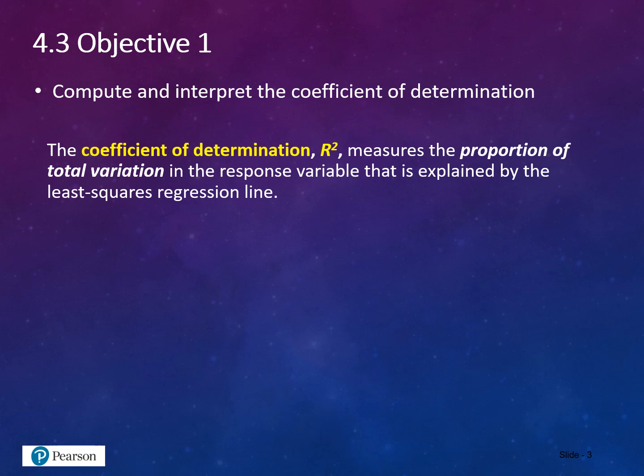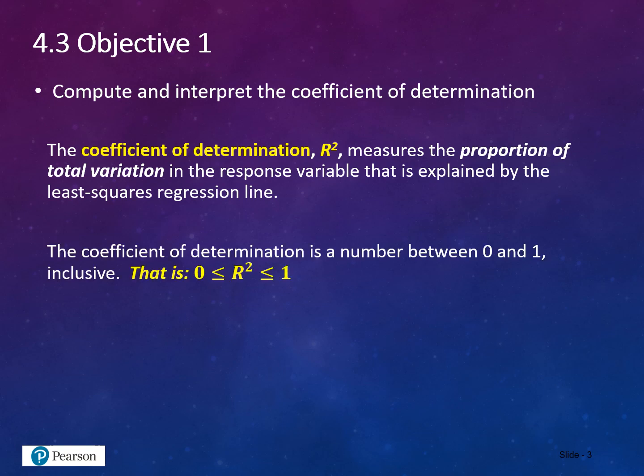The coefficient of determination, labeled uppercase R squared, measures the proportion of the total variation in the response variable that is explained by the least squares regression line. The coefficient of determination is a number between 0 and 1 inclusive.